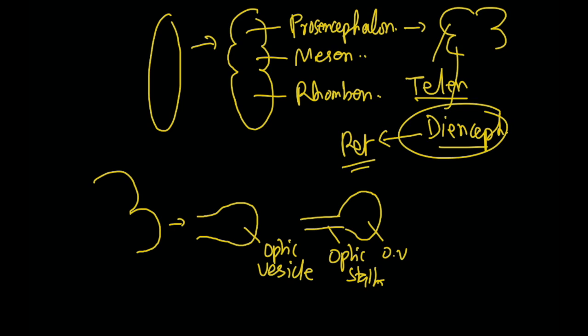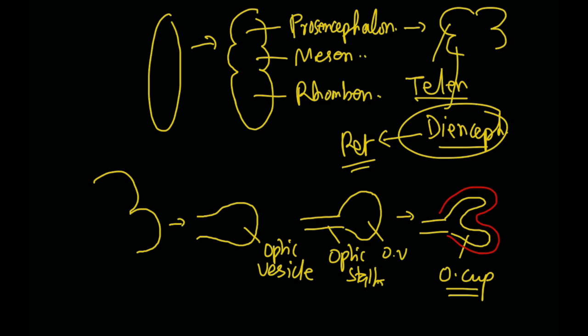This optic vesicle is going to invaginate like this, forming so-called optic cup. Now this optic cup has two layers, an outer and an inner layer. The outer layer of this optic cup will form a retinal pigmentary epithelium. The inner part of retina forms the neurosensory retina.